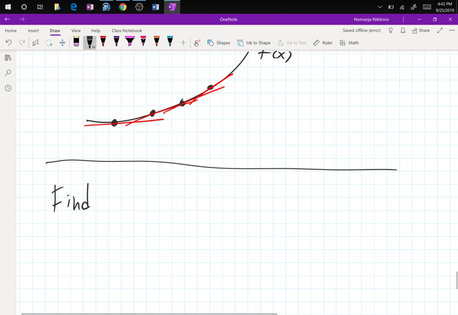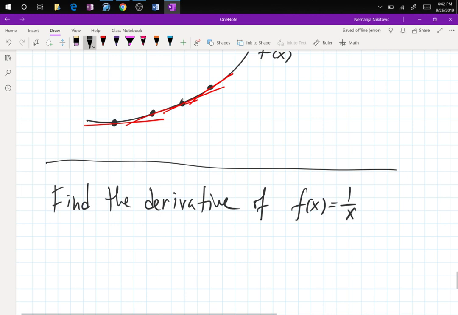So find the derivative of f of x equals 1 over x. So this is the question. Can I ask this question on the exam?